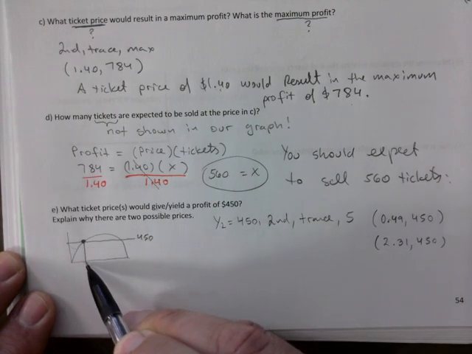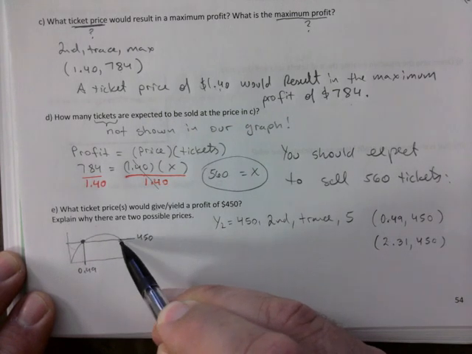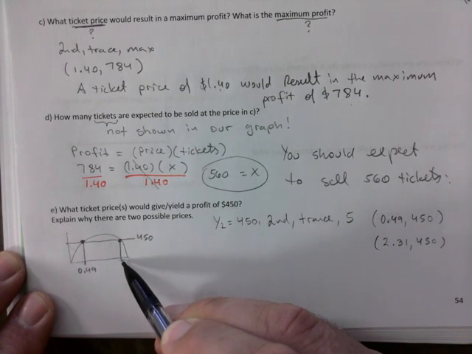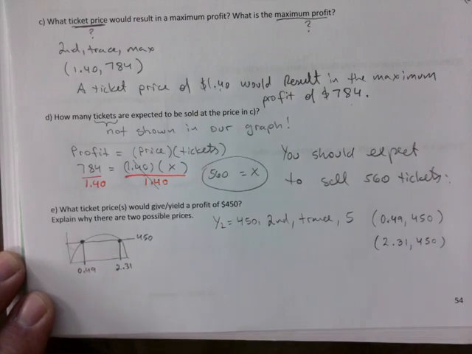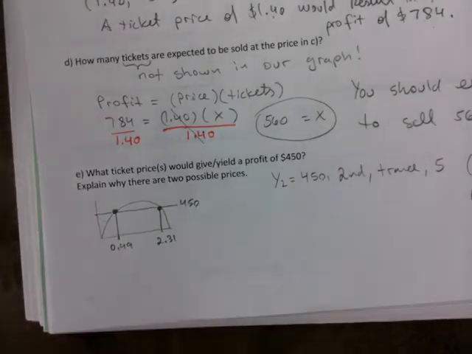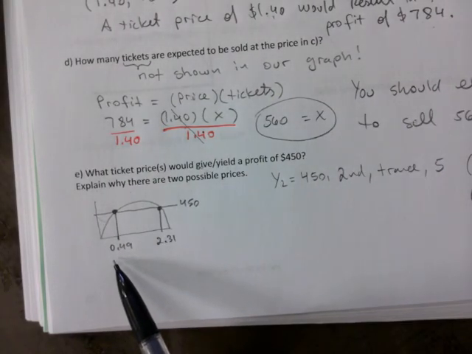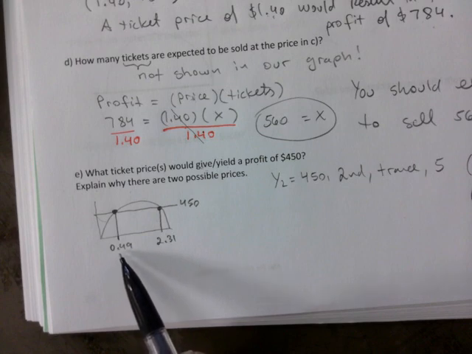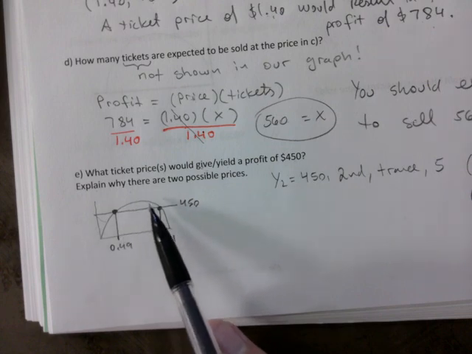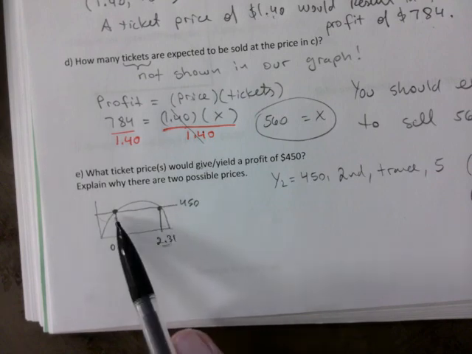This would be the cheaper price of 49 cents, and this will be the more expensive price at 2.31. So you have to decide, would you rather make it cheaper for people? Make it cheaper, more accessible, sell more, right? Or would you like to make it more expensive? You would sell less, but still end up with the same profit.